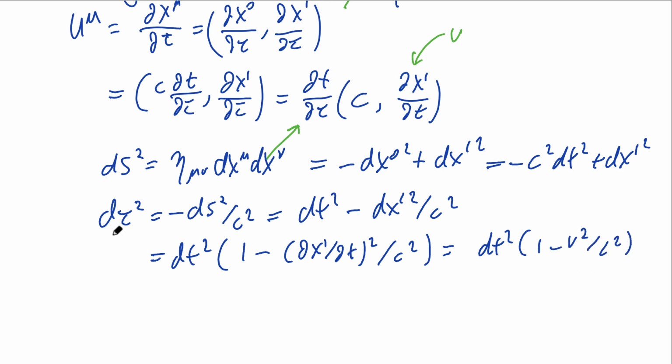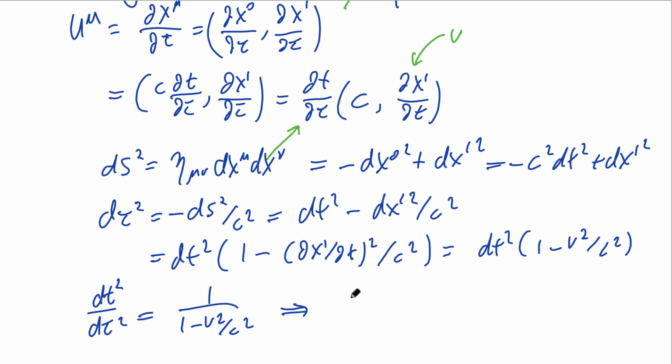From this result, dτ squared equals dt squared times this factor. We find that dt squared over dτ squared is equal to 1 divided by 1 minus v squared over c squared, or partial t with respect to τ equals 1 divided by the square root of 1 minus v squared over c squared.